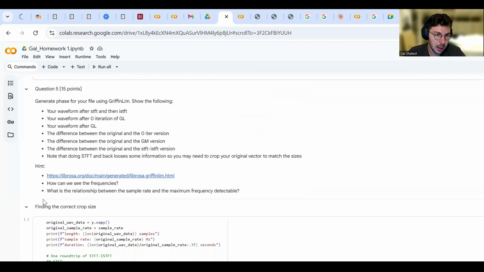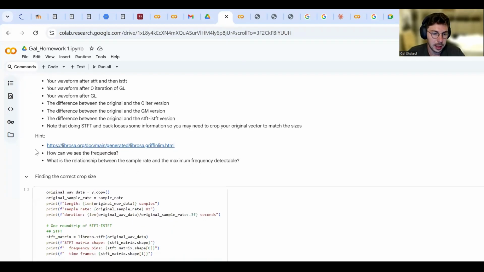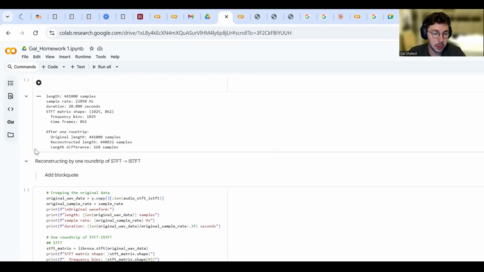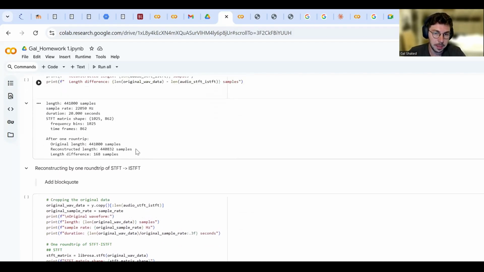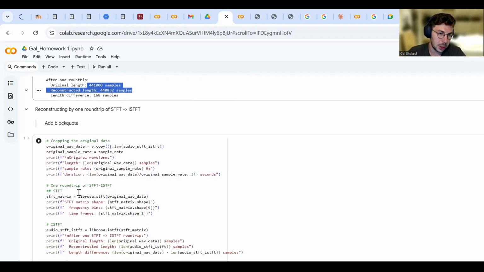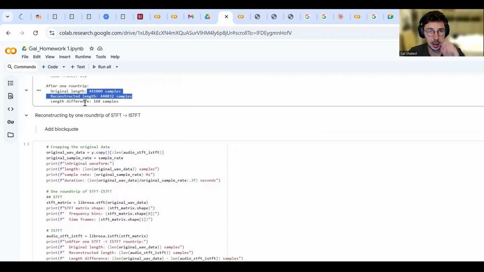In question 5, we compare some methods of reconstructing a waveform out of a spectrogram. So first, following the note in the question, we crop the original waveform number of samples to match the reconstruction waveform.